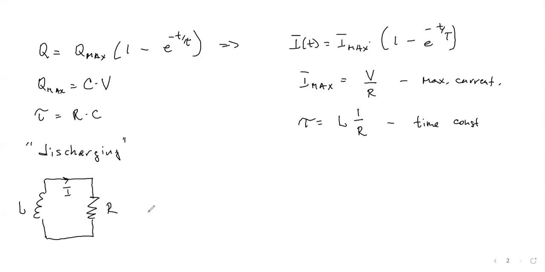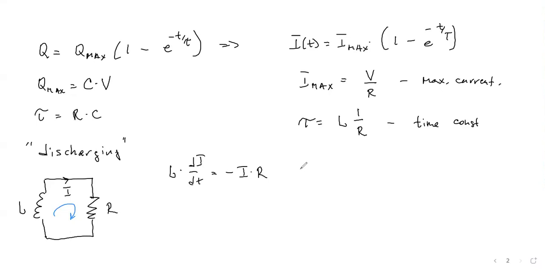And eventually current will die because you're going to lose energy into resistance. And with time, gradually, whatever you have will dissipate. So you can write a loop rule, and the loop rule will look something like L di over dt equals minus I R.